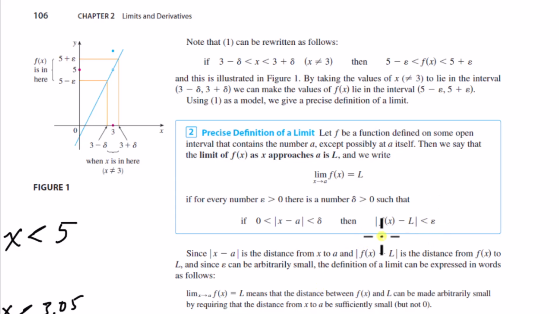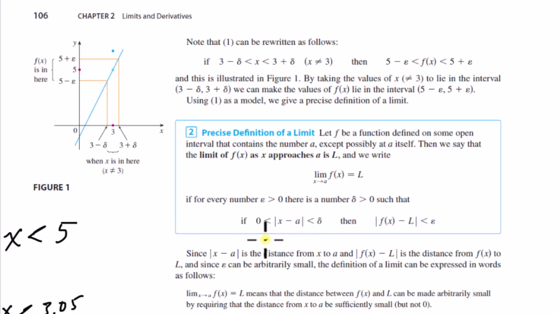Okay, but what is this inequality exactly? All of this is a little bit confusing at first. So first of all, note that while delta and epsilon are variables that represent any real number that's greater than 0, they aren't variables at all when you're actually going through this whole process.